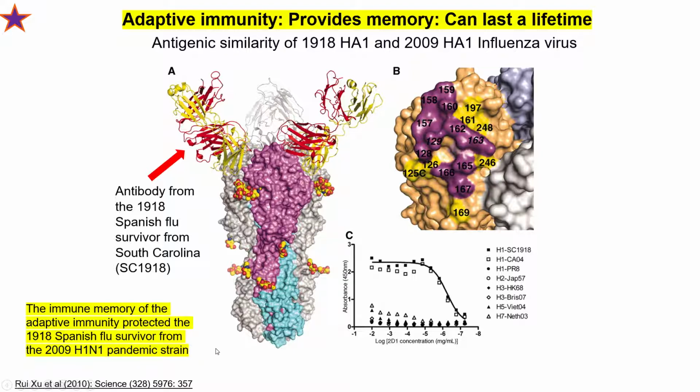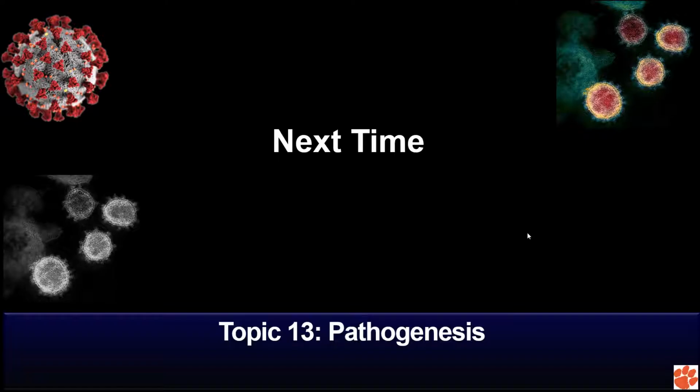If we ask which of the following features of the immune system contributed towards the immunity of the Spanish flu survivor against the H1N1, your answer will be the memory of the adaptive immunity. So this is a very straightforward question.